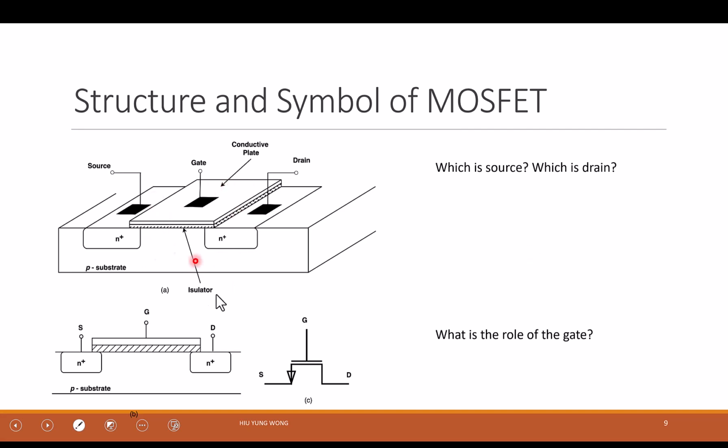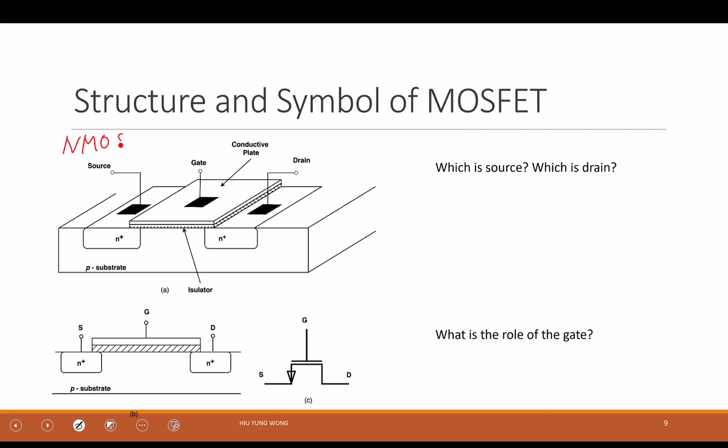This one shows the 3D structure of a transistor. We have the gate, we have the source, we have the drain. Because this is N, and this body is P, so this is an NMOS, correct? This is an N-type transistor.